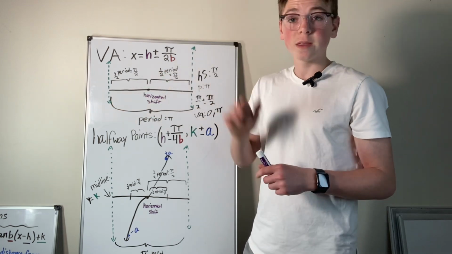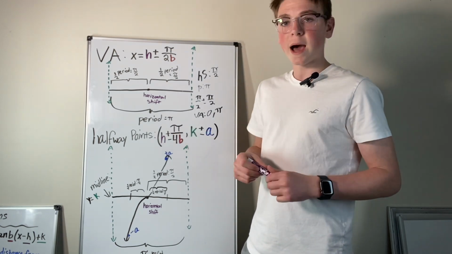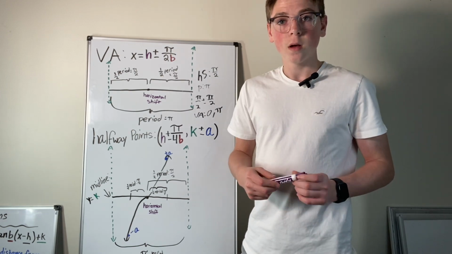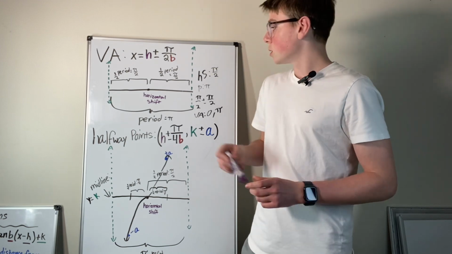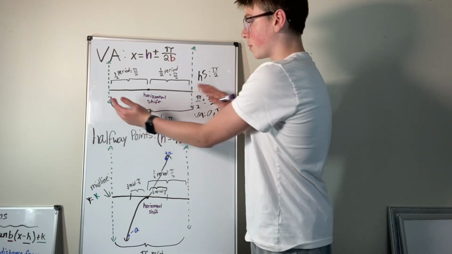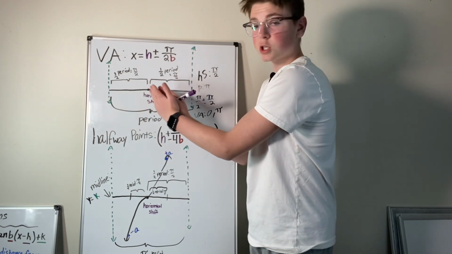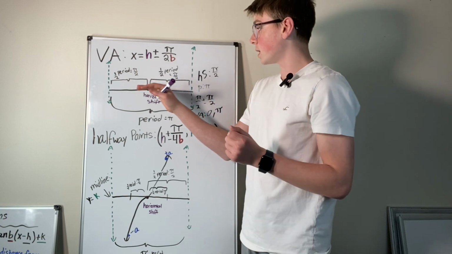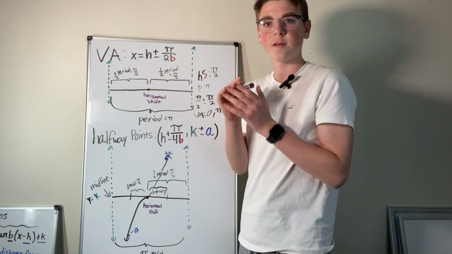But what if we throw in a b value of, let's just say 2? That would mean our period would be pi over 2, and that means half of a period would be pi over 4. So just remember, your period is the full distance from one asymptote to another asymptote. Your horizontal shift is your starting point that's directly in the middle, and from the horizontal shift to an asymptote is half of your period.